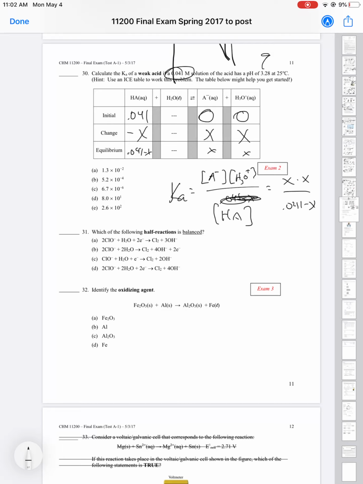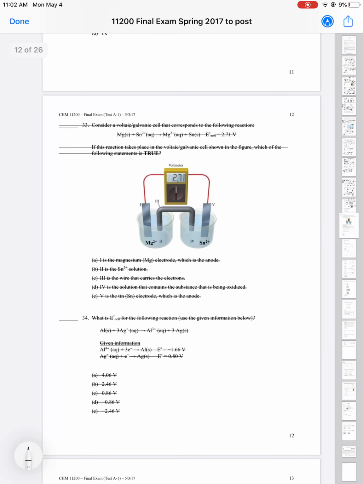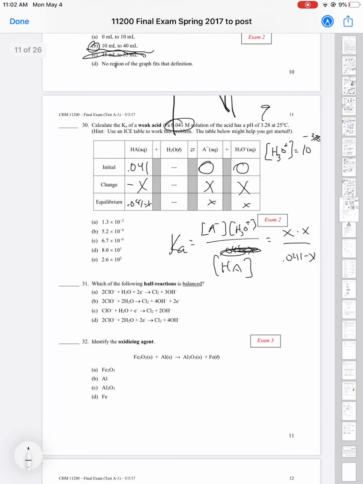And we know the pH, so from the pH we can figure the concentration of H3O+ is equal to 10 to the negative 3.28, which is equal to X, because that's basically how we defined X here.